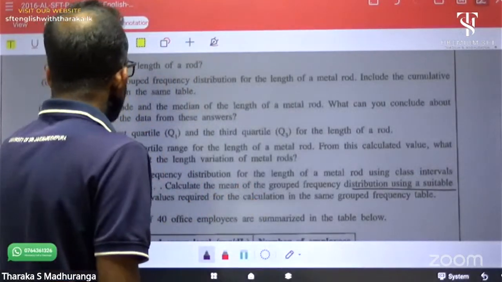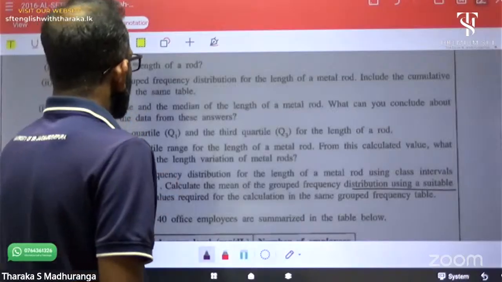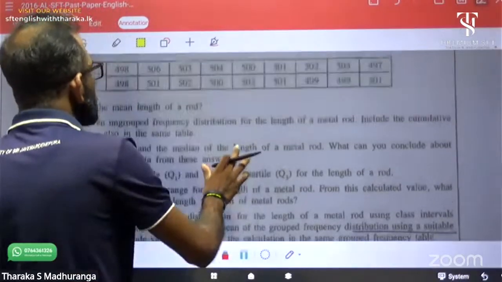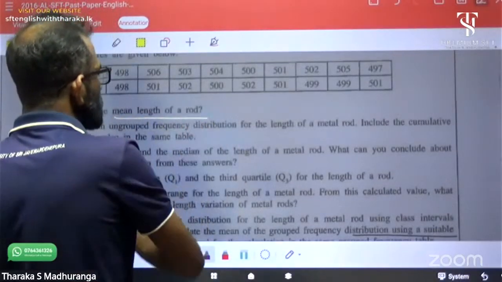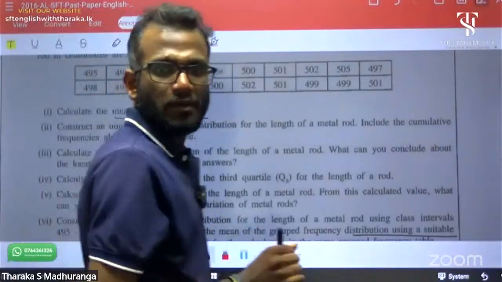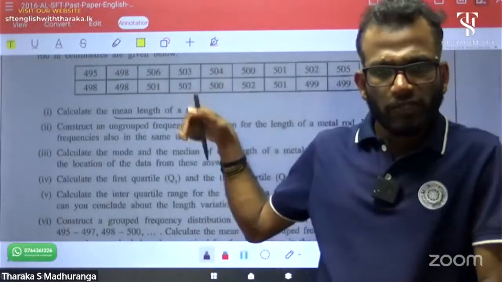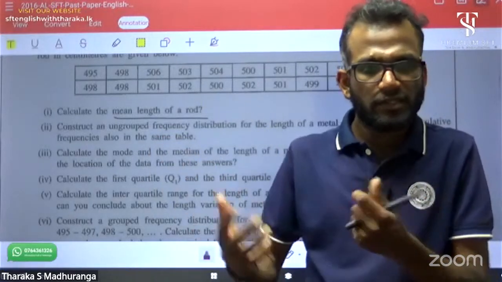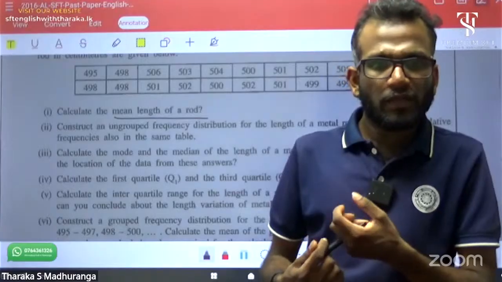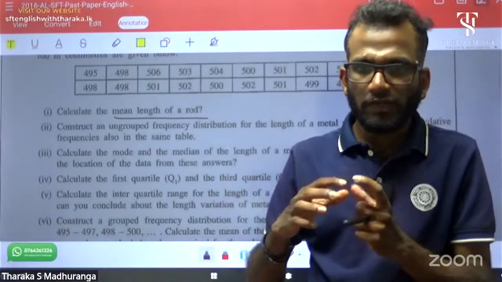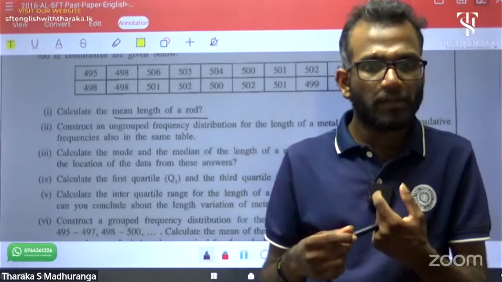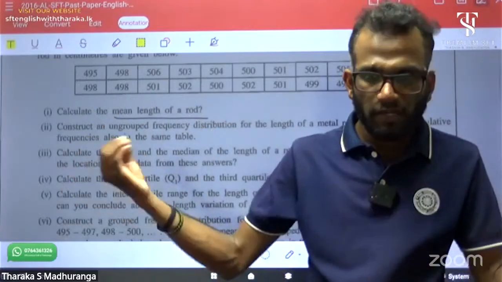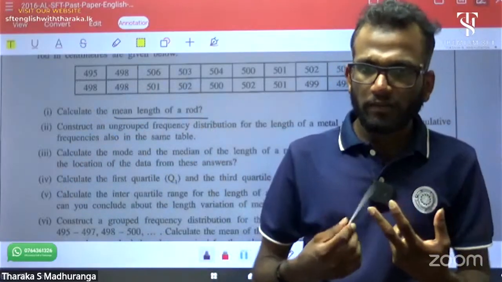Do you remember the first part answer? What's the mean of this distribution without the group frequency distribution method? The normal method: you add all these values and divide by the number of data.